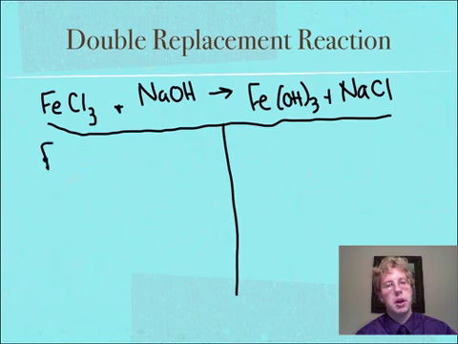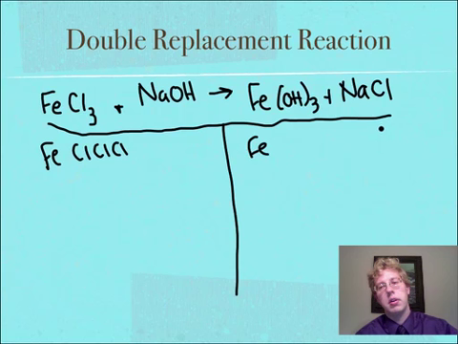I'm going to start by putting my reactants on my product side. And I'm going to organize my chlorines based on what I'm trying to form. I'm going to do the same with the sodium hydroxide.